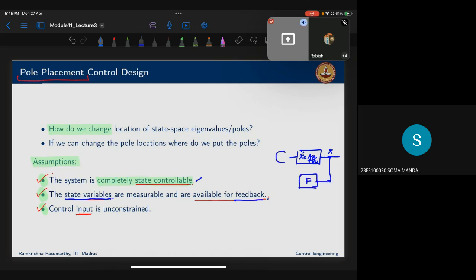That is the assumption. Then that feedback we give it here, compare with R, and you get our output here. So the state variable X must be available for the feedback. That is the basic necessary condition for doing this pole placement controller design.